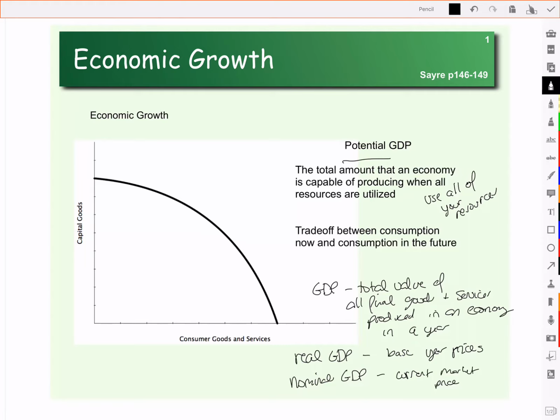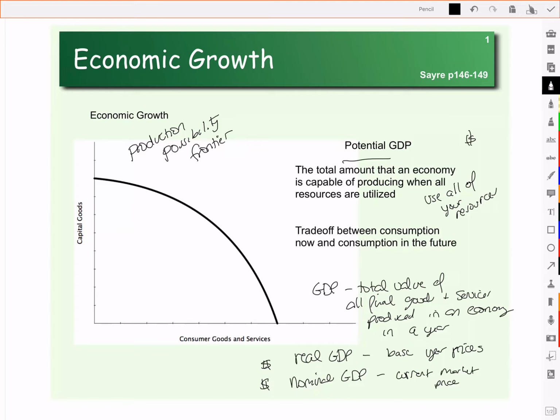Now, we can represent potential GDP in dollar form, just like we did real and nominal GDP. And we're going to do that in later levels. But right now, as we look at potential GDP, let's look at it in terms of the goods that we produce. So here on this graph, this is a graph called a production possibility frontier.